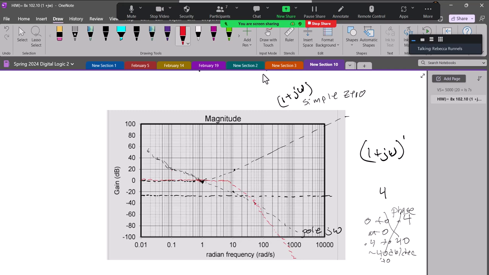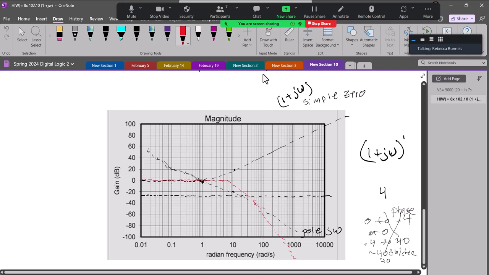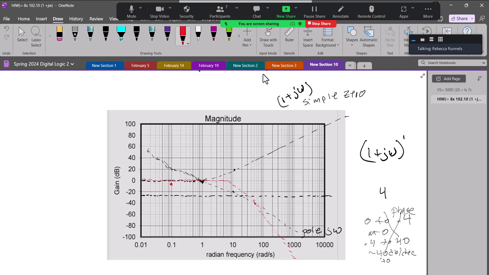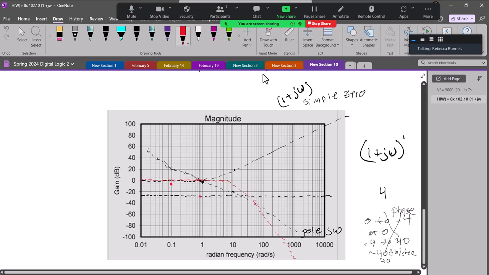So that would put me at -6. So I just add those numbers together. And then the only slope that I've got until I get to 1 is this slope of minus 20 decibels per decade. So I can go over 1 decade and down 20, so I'll end up here.